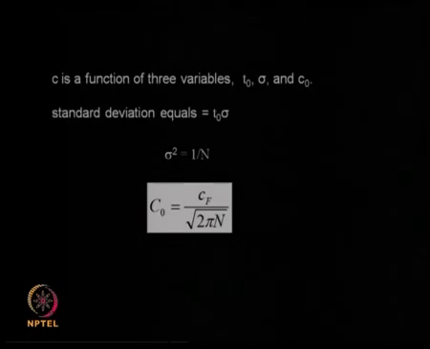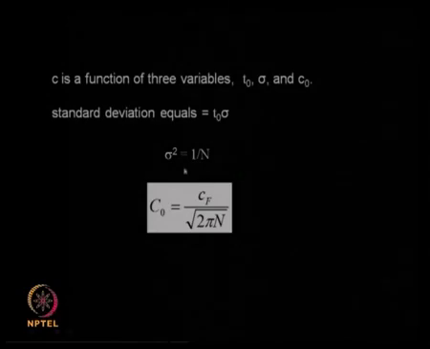So if I know the standard deviation, I can calculate the number of theoretical stages of a column. So what do I do? I inject a sample and I see the t naught, the time at which the elution is maximum, then I get the standard deviation of the Gaussian curve. From this equation I can calculate sigma, and then from this equation I can calculate n, that is the number of theoretical stages or number of theoretical plates of the column.